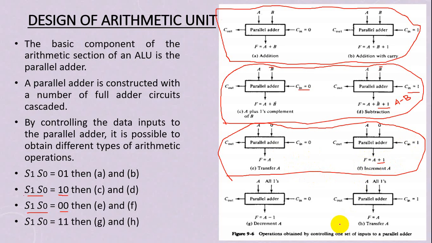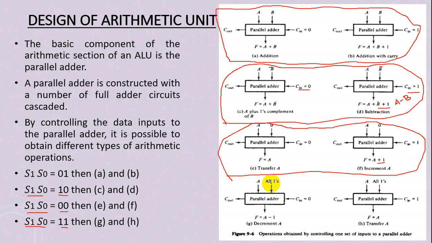For the fourth case, when S0, S1, look at over here, they are 1, 1. This is the fourth case, last one. And in the fourth case, what do we do? We modify B. Instead of applying B, we apply all 1 in the place of B. In that case, what happens?